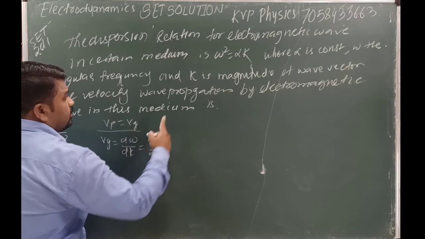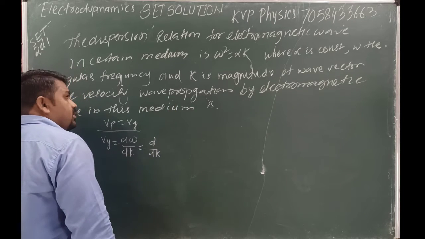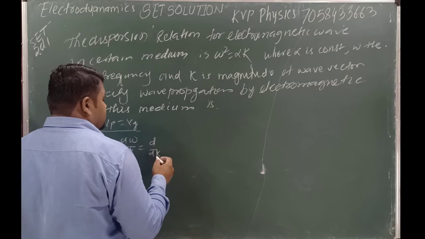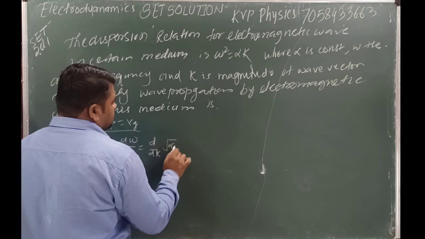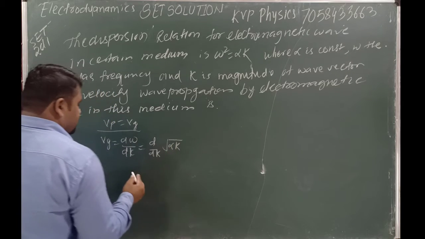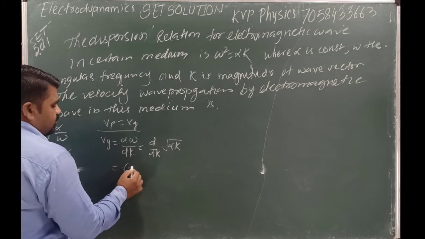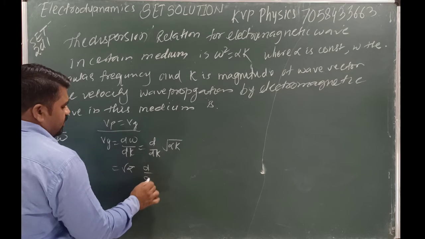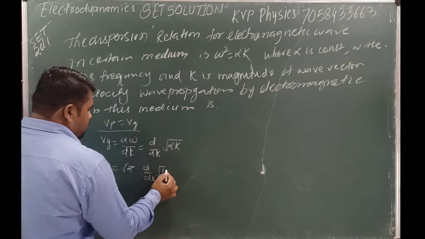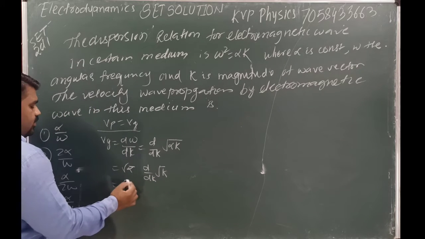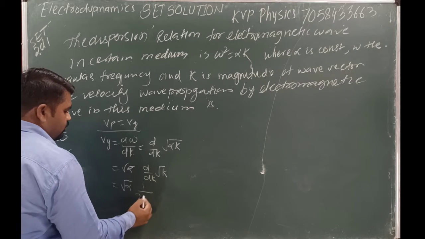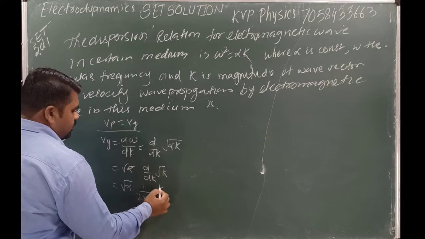What is ω? ω is equal to root αk. Now α is constant, take root α common out. d upon dk of root k. We know that the derivative of root k is 1 upon 2 root k into the derivative of k.